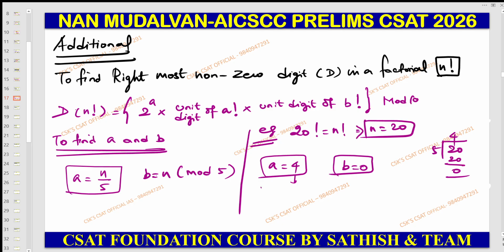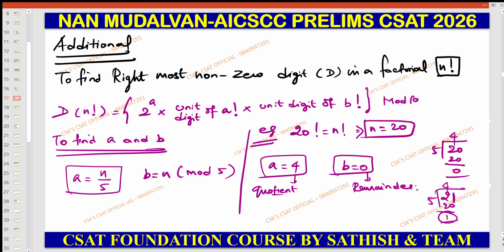So this 4 here is the quotient, and this 0 here is the remainder. Remember this one, because here 20 factorial completely vanishes. If the question here is 21 factorial, what will you do? 5 fours are 20, here 1. So 1 here is the remainder. So in that case a is 4, but b changes here. Getting that b changes here? Getting everyone?